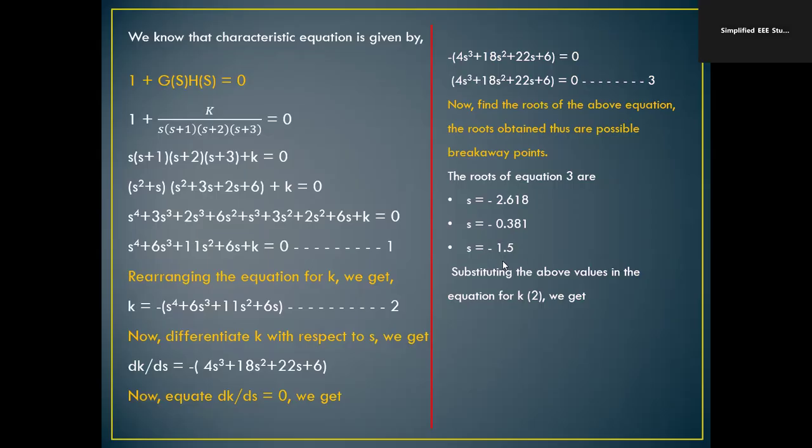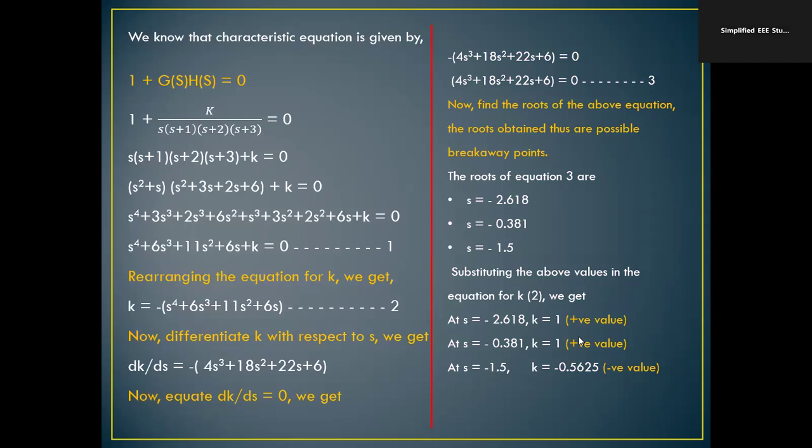Later on, what you are going to do is substitute the s values in the equation for k. First of all, s equal to -2.618, you have to substitute in k. Then s equal to -0.381 in the equation for k. Similarly, s equal to -1.5 in the equation for k. From that, I get k equal to 1, k equal to 1, k equal to -0.5625.